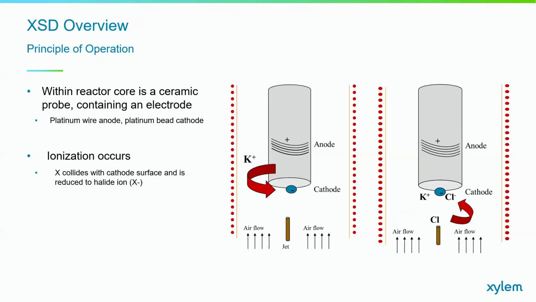This alkali monolayer allows the free halogen atoms to combine with that surface and reduce them to halide ions. So we're pyrolyzing an effluent, we're releasing ions to a cathode. The released free halogen atoms collide with that cathodic surface and release more ions.